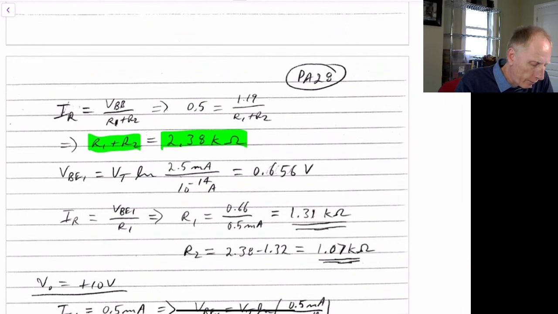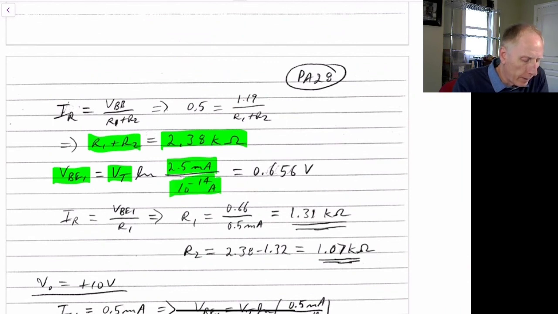But we also have the VBE1, and again, when the output is equal to 0 volts, IC1 is equal to 2.5 milliamps. So VBE1 will be VT times the ln of 2.5 milliamps divided by 10 to the minus 14 amps, which is the IS over alpha for the Q1 transistor. So VBE1 will be 0.656 volts.